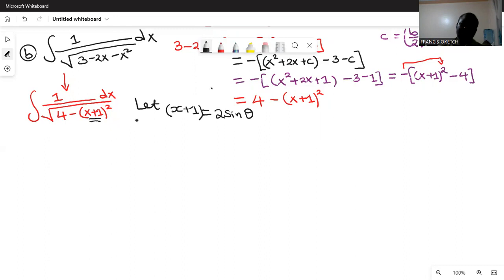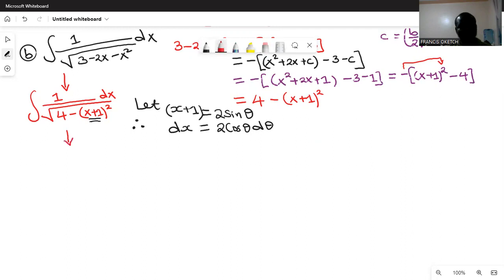So we can say that therefore derivative of x, that's dx. Of course, the derivative of 1 is 0, which I don't need to write. dx is equal to 2 cos theta d theta. So those are the substitutions that we make.